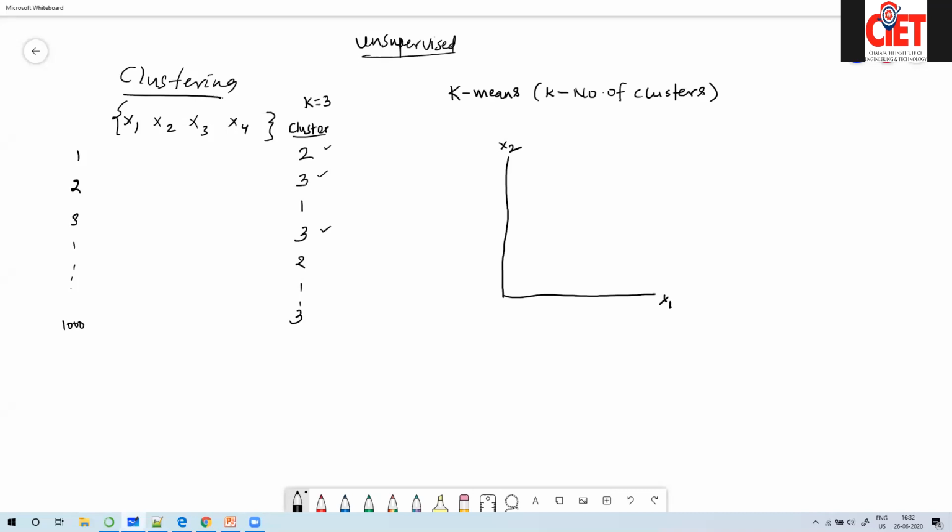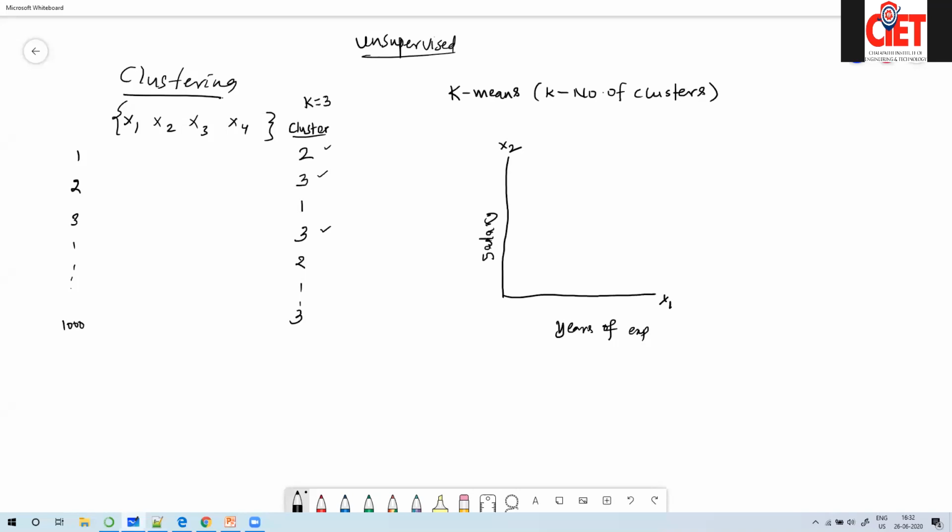Let's say x1 is years of experience and x2 is salary. Now let's say this is the information of some employees. So using the years of experience and salary, we want to divide them into some clusters, some groups.